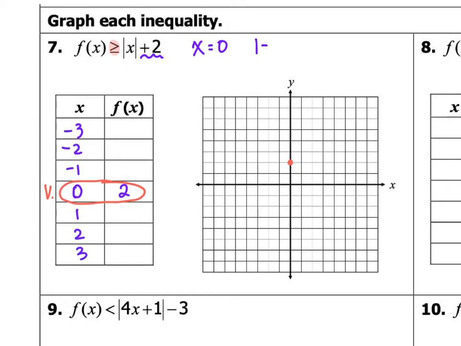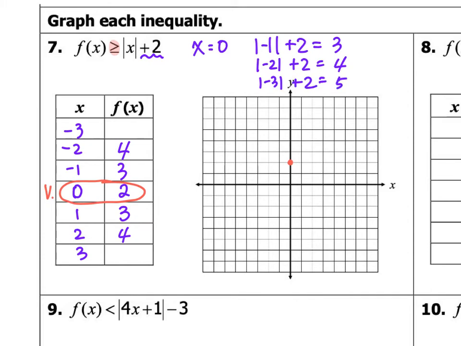When x is negative 1, plus 2, it will be positive 3, same as when it's positive 1. When it's negative 2, plus 2, there will be 4. And when it's 3 or negative 3, there will be 5.